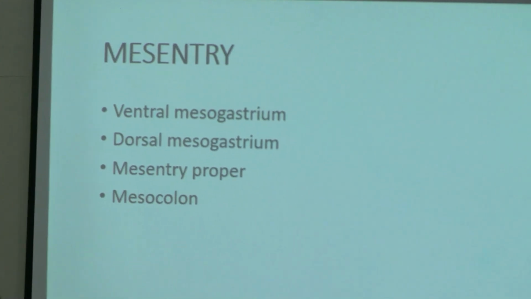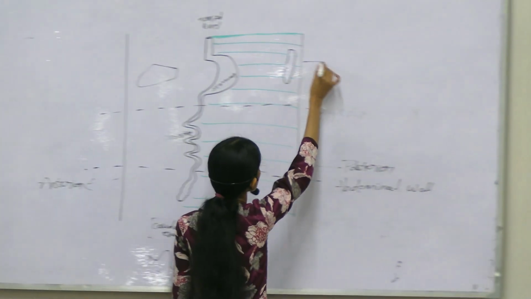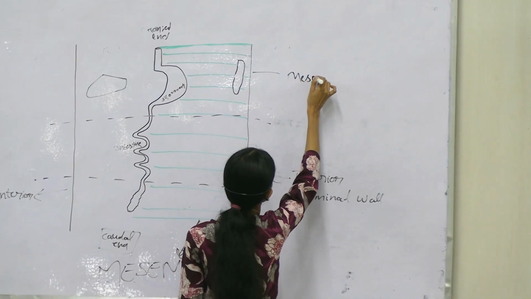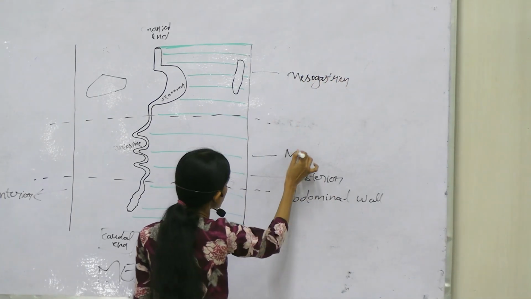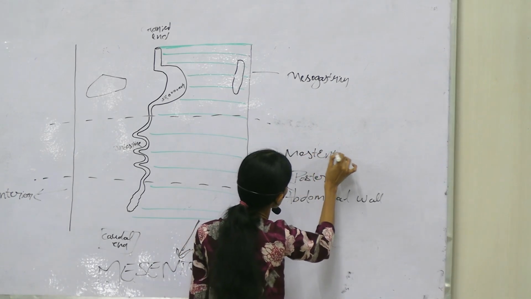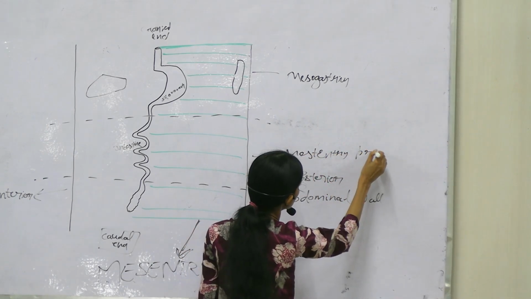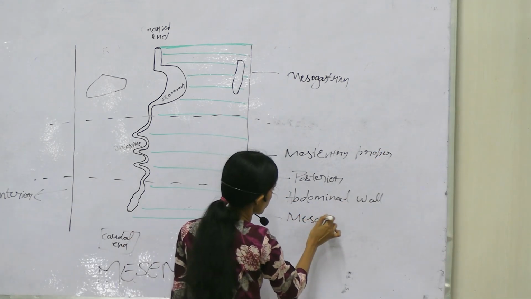Okay. So this is mesogastrium, and this is mesentery proper, and the last one is mesocolon.